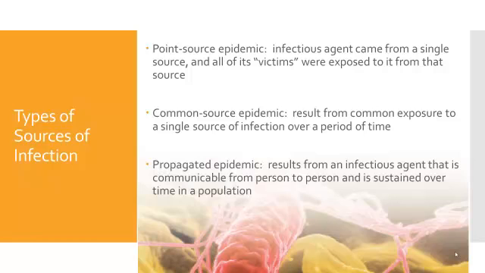So the point source is typically a short duration window or is an actual person, while the common source is something environmental, such as contaminated water that can expose a lot of people over a period of time. Either of these may result in a propagated epidemic, which is when the disease is then passed from person to person to create an epidemic. We will explore the concepts of epidemic more on the next slide.